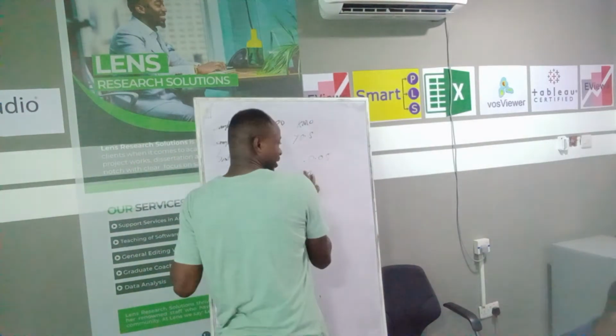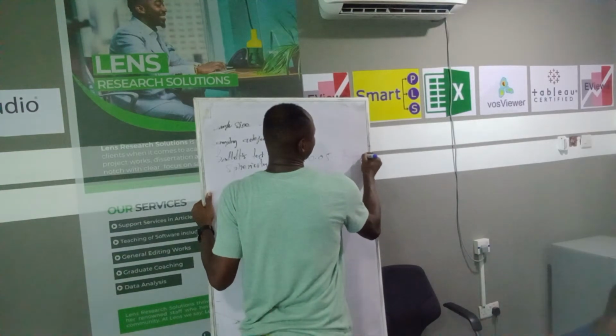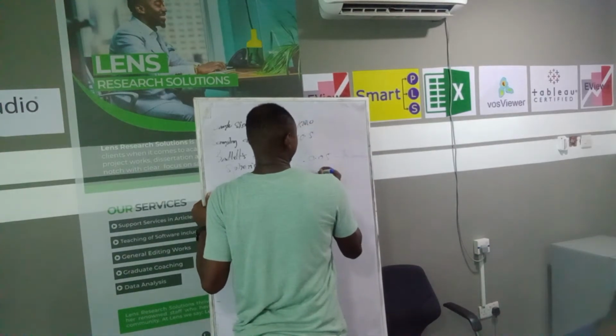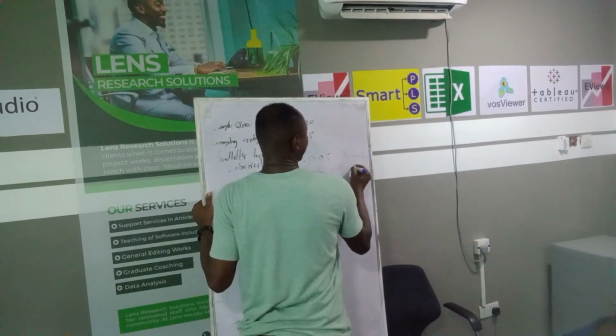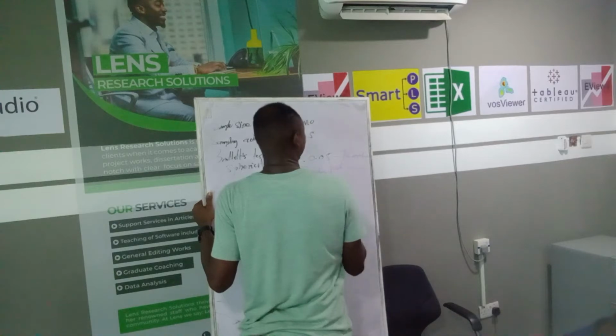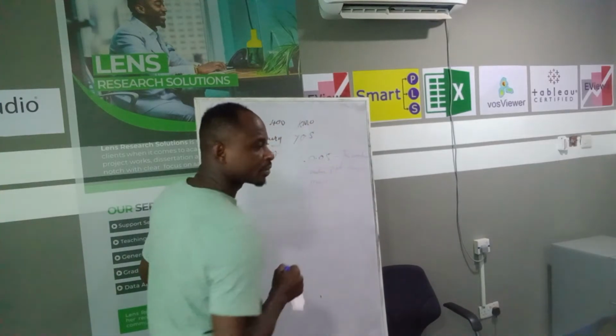If it is like this, we say the correlation matrix is not identity, okay? Identity matrix. And that is what we want it to be.